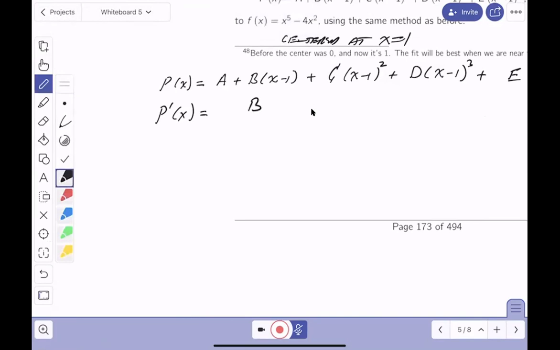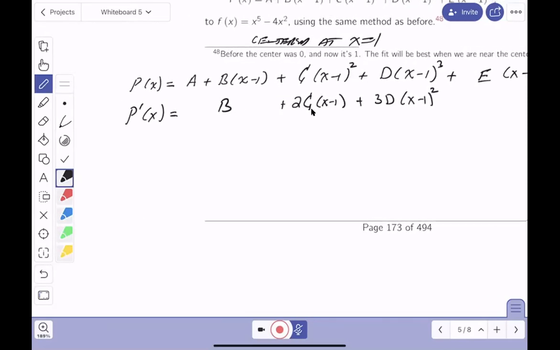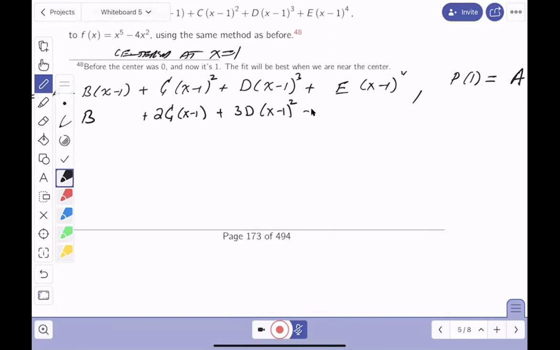Well, I'm doing the first derivative now, by the way. Plus 2c times (x minus 1) plus 3d times (x minus 1) squared. Part of this learning is just doing some legwork, exercise, so to speak.